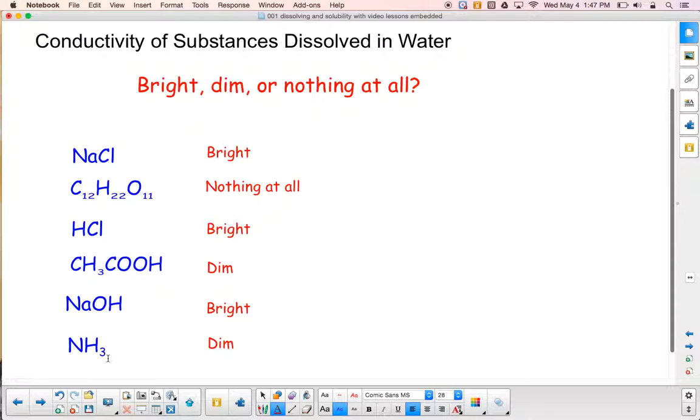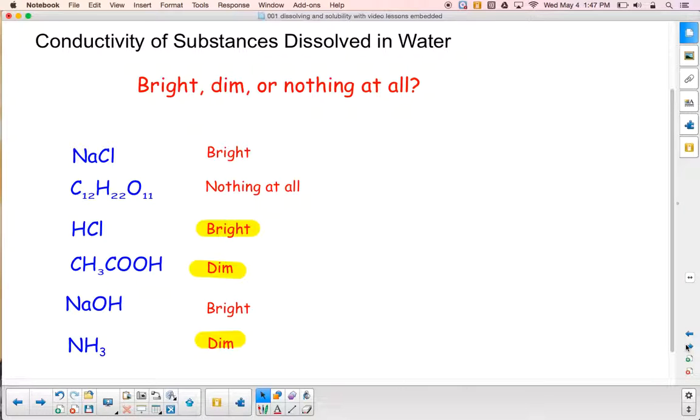So it became clear that while we have our original categories, ionic compound and molecular compound, these three compounds don't follow the rules, so we'll highlight the ones that didn't follow the rules. We didn't expect bright or dim or dim. These three compounds are going to require us to have a slightly new classification system, perhaps some additional classifications.